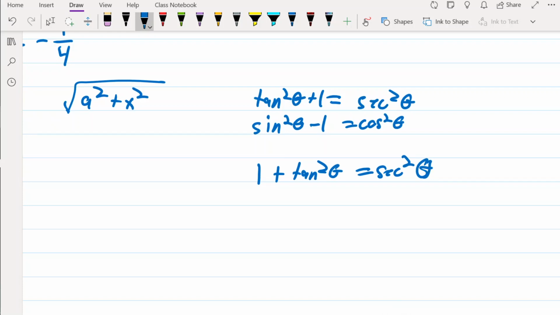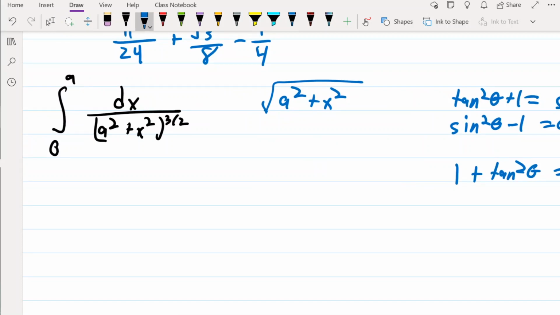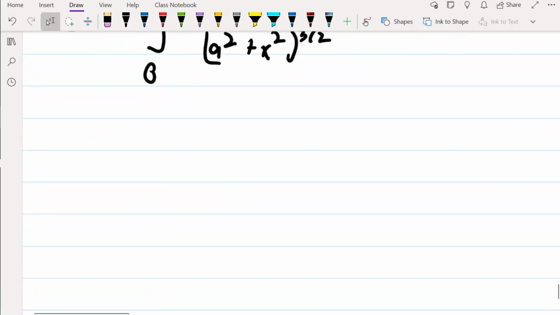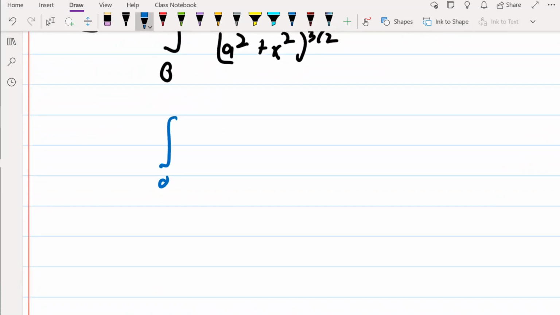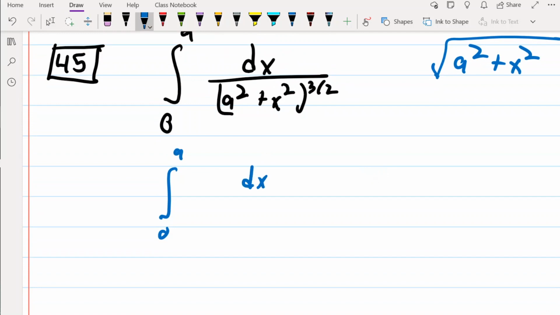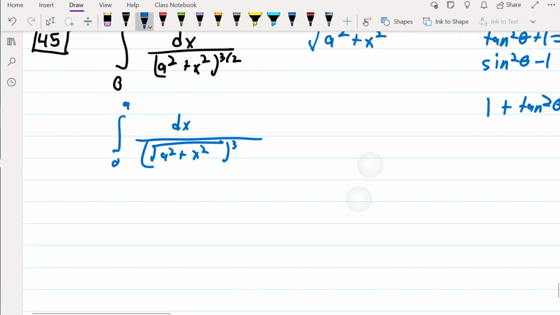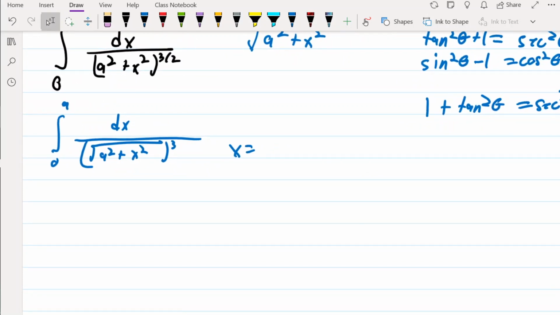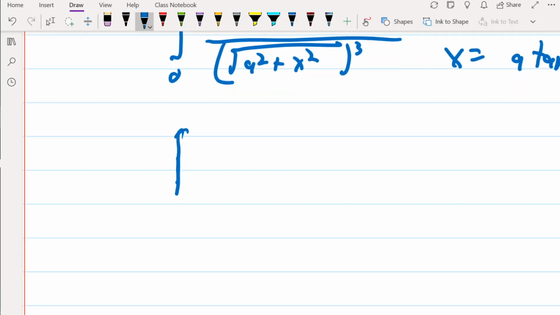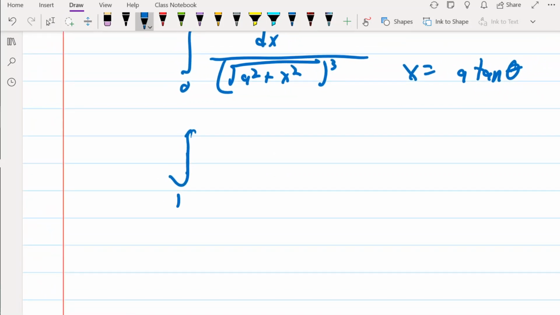Okay, so we're going to set x equal to a tangent theta. Here I'm just going to rewrite this to make it a little easier for me to see. That will give us, from the bounds, since we're substituting, I'm just going to use alpha and beta right now.